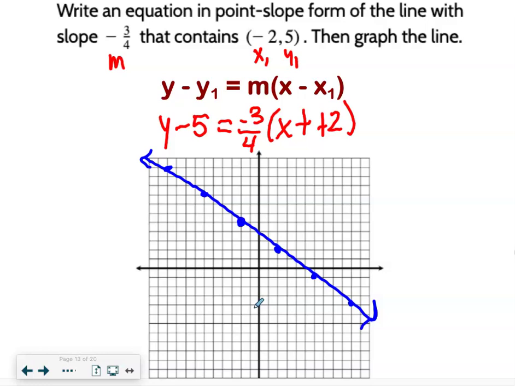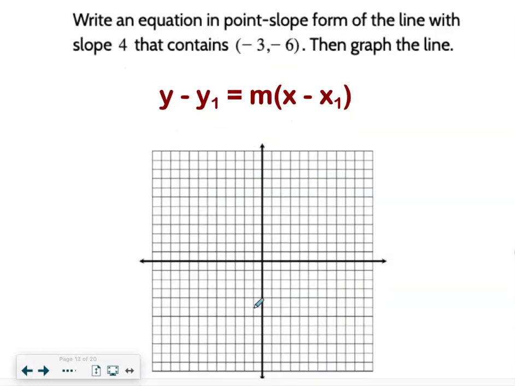They just wanted you to practice writing in point slope form. That's all. We didn't use it. They just wanted you to practice writing it out.